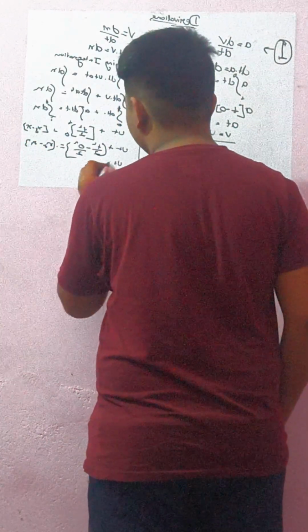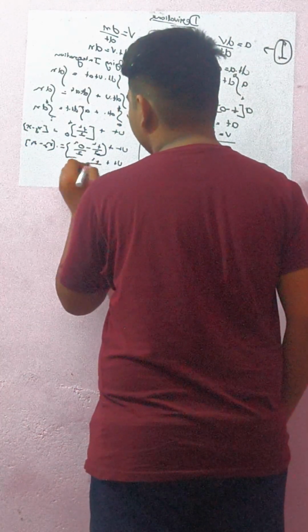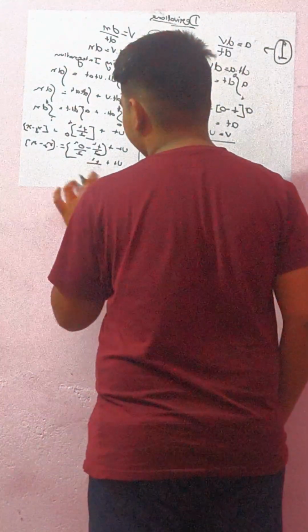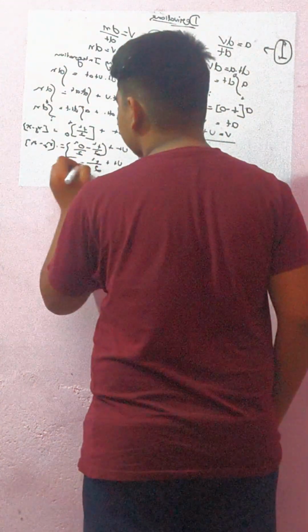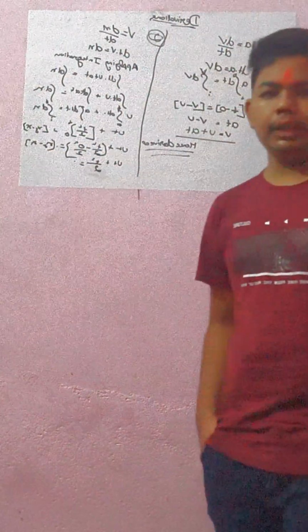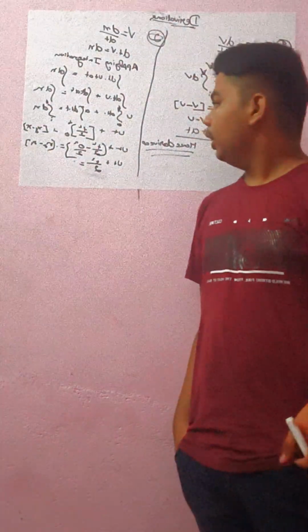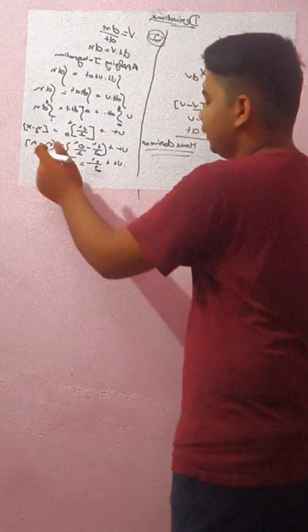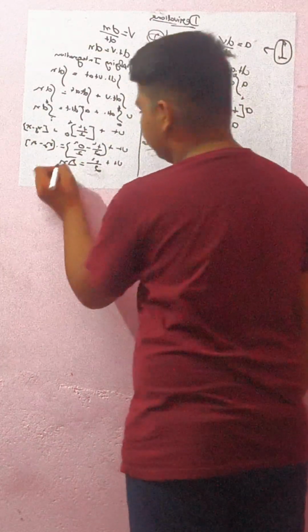And ut plus a t square upon 2 equals to x final minus x initial. We know the displacement equals to final position minus initial position, so x final minus x initial is equals to delta s.